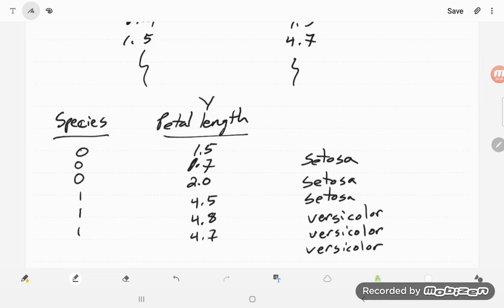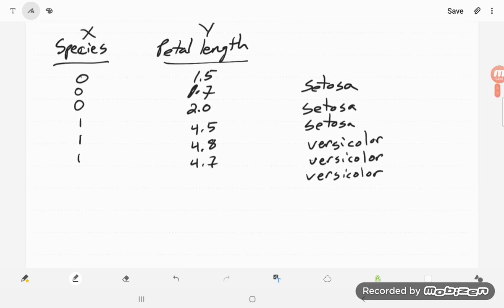And that is the way I'll make my x values, and this is how I will run my regression.